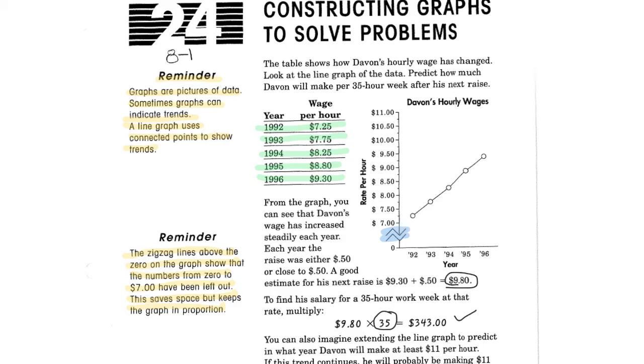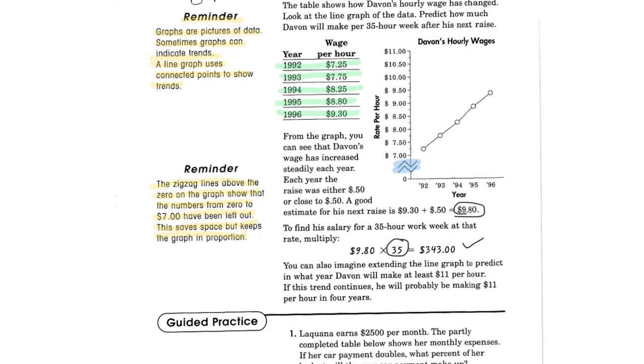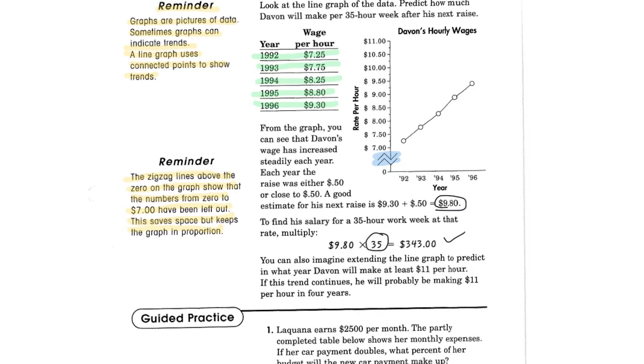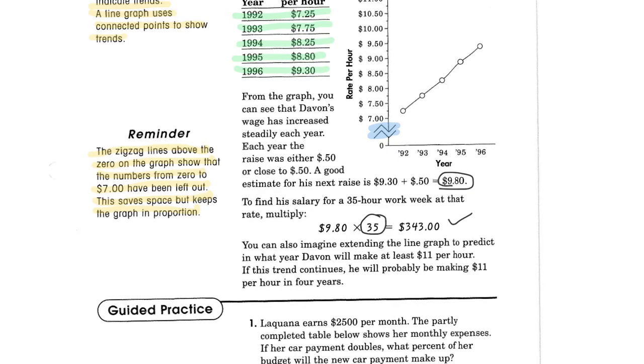It's a 35-hour week. So he's going to now make $343 a week. No, a year. No, a week. For a 35-hour week, he's going to make $343. It says you can imagine extending the line graph to predict in what year Davin will make at least $11.